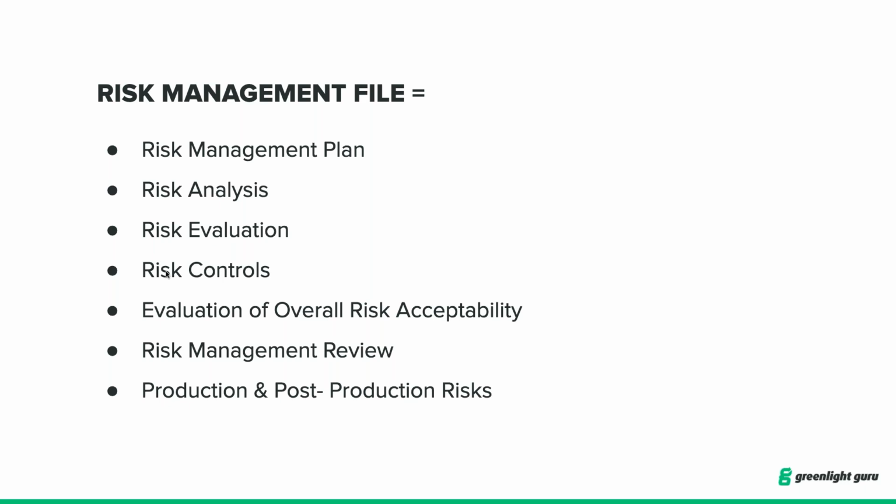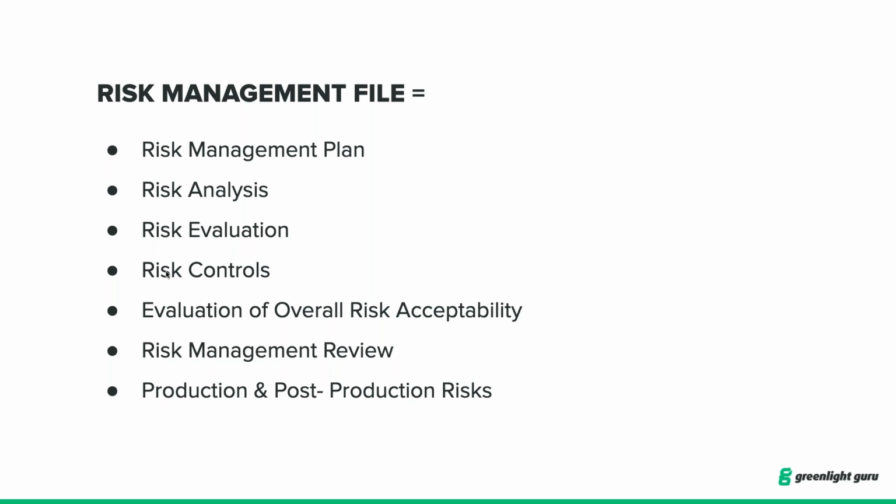Yeah, this defines what is expected to go into a risk management file. We should have a plan of what we're doing. We should analyze, we should evaluate, we should make sure that we're assessing those risks, and where needed, as dictated by our acceptance criteria, we may need to implement some risk control measures.